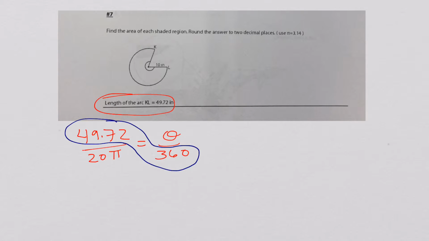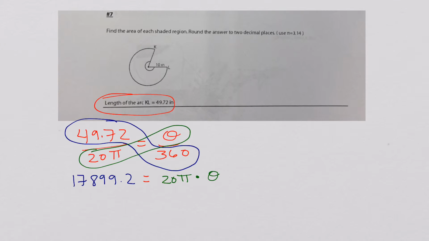If we multiply these together, we end up with 17,899.2 on this side. Then we can cross multiply the other side. We take our 20 pi and multiply it by theta. So we have 20 pi times theta.